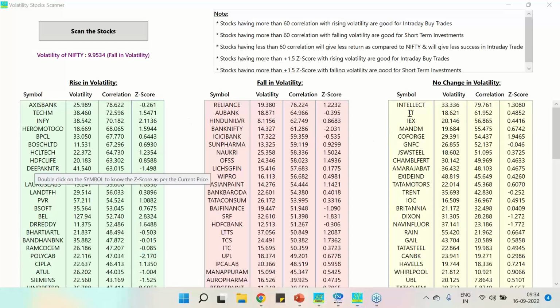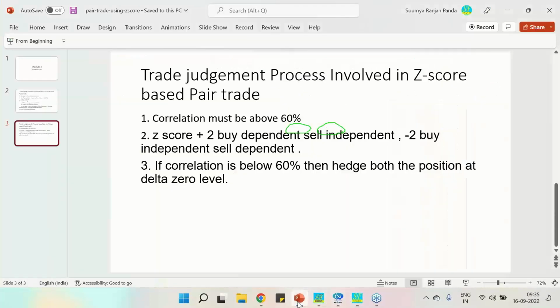Bank Nifty is in the falling volatility territory, negative Z score. Have a look here, and 61% correlation also satisfies that. So the Z score is negative 2.03.